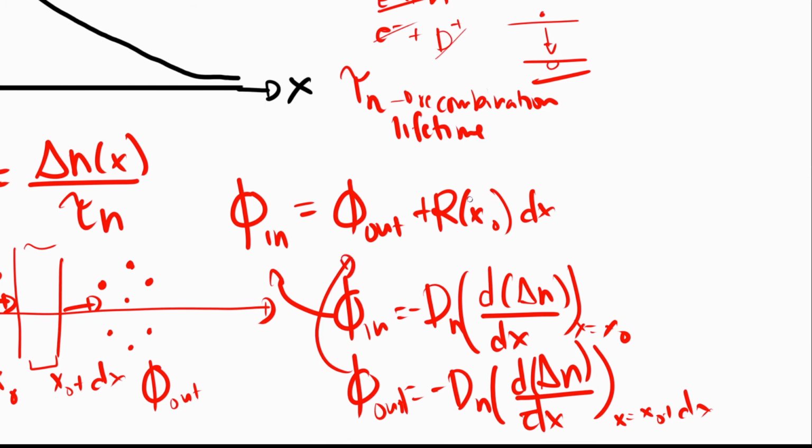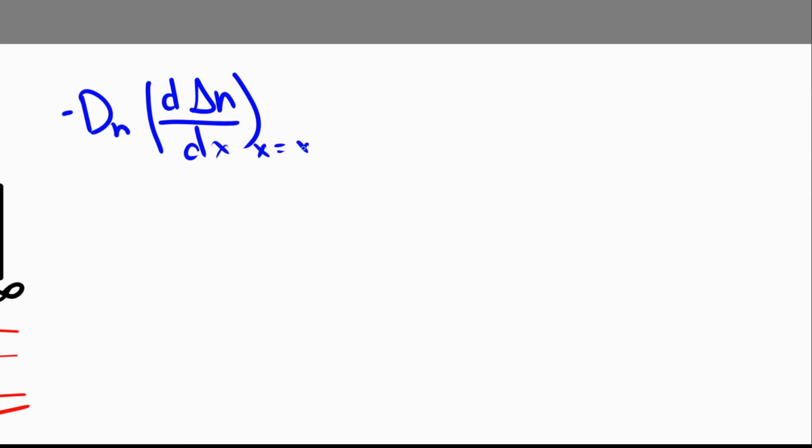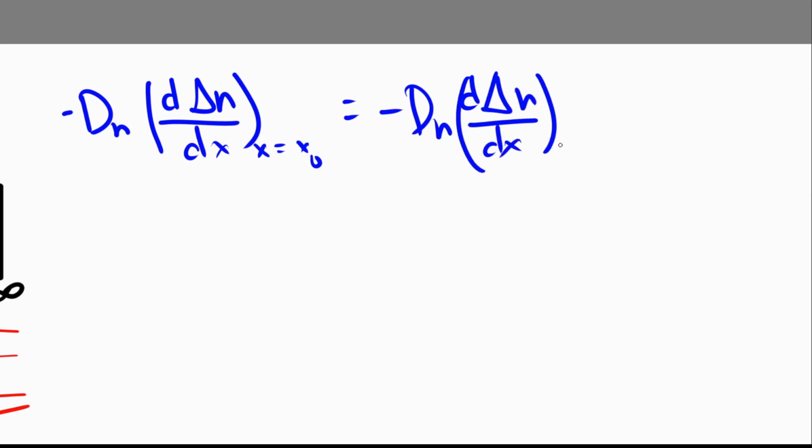The steady state equation, when we put these back into this expression, would be negative Dn d delta n over dx at x equal to x naught, equal to negative Dn d delta n over dx at x equal to x naught plus dx, plus our recombination, Rx naught dx.